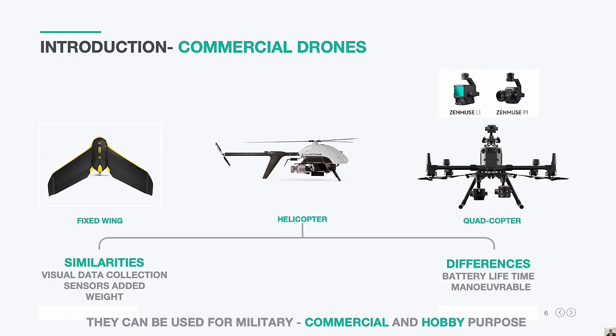The similarity is the data collection. Many sensors can be attached, as long as the weight allows them to carry out the mission. And the differences are the maneuverability and the battery life.